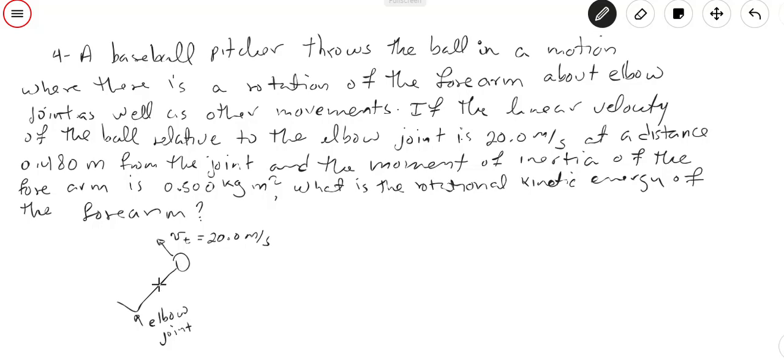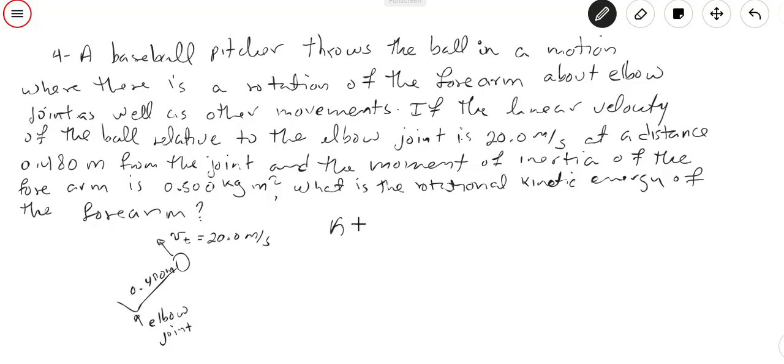Now the length of the forearm is 0.480 meters, right? So what we have to do is find the rotational kinetic energy of the forearm. So what is the expression to find the rotational kinetic energy?